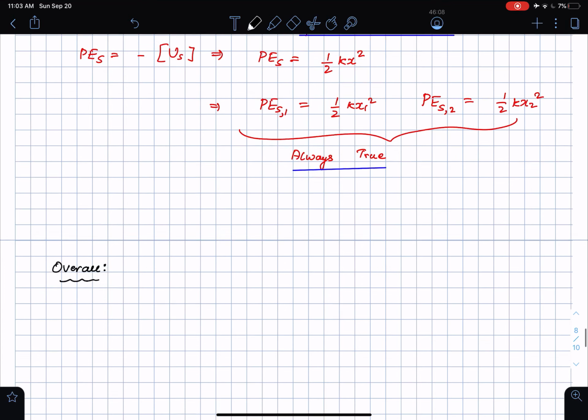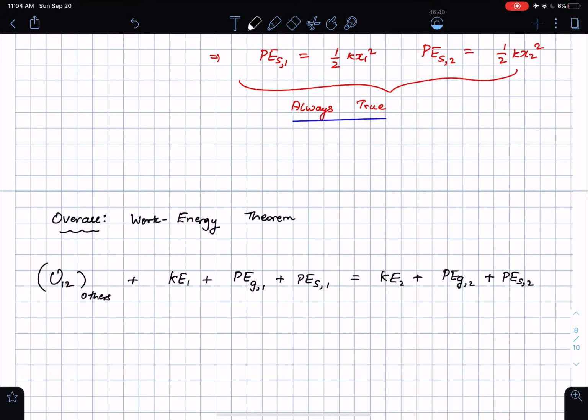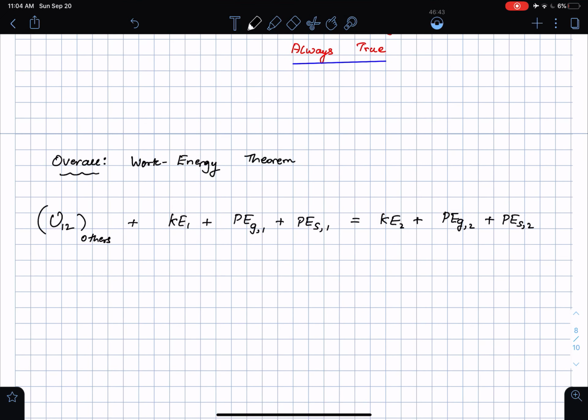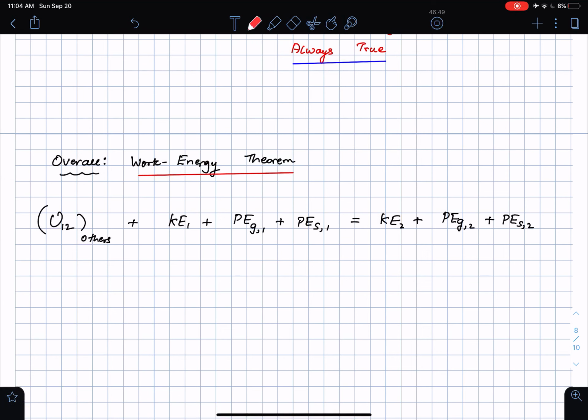Overall, you can say that the convenient form of the work energy theorem is U1 to others plus KE1 plus PE gravity 1 plus PE spring at position 1 is equal to KE2 plus PE gravity at 2 plus PE spring 2. This is the most general form of the work energy principle.